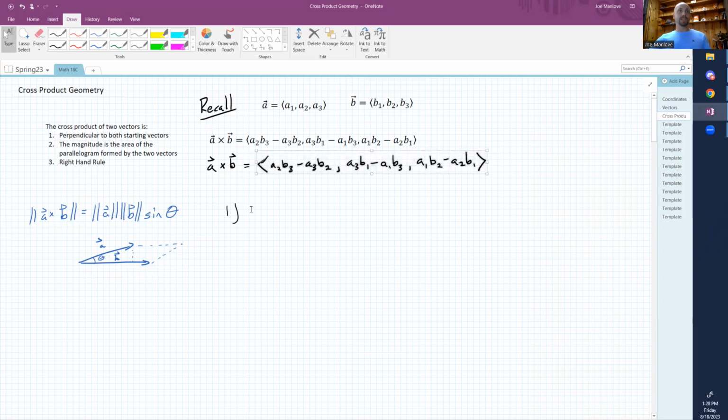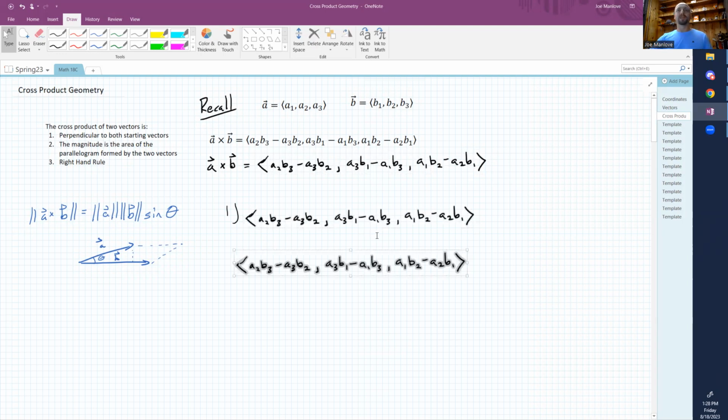Okay, so all this ink is my vector A cross B. And I'm just going to drop a second copy of this down here. I'm going to dot this with A1, A2, and A3.